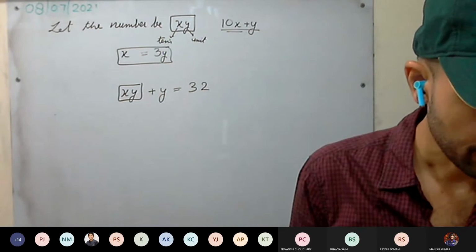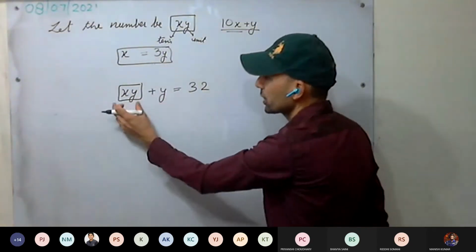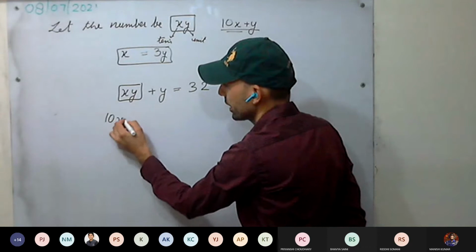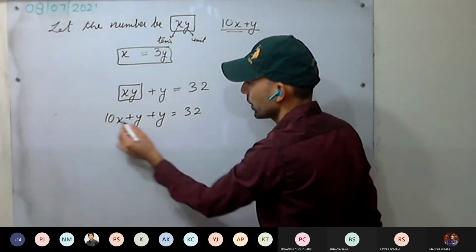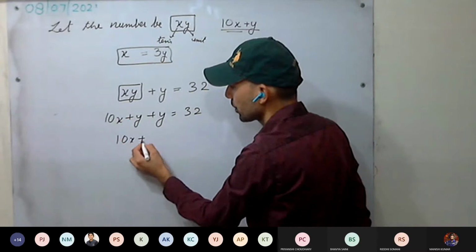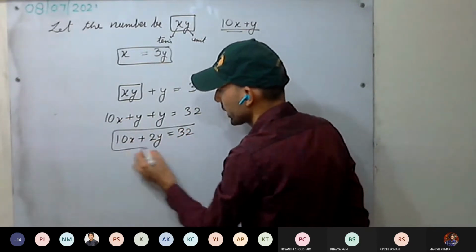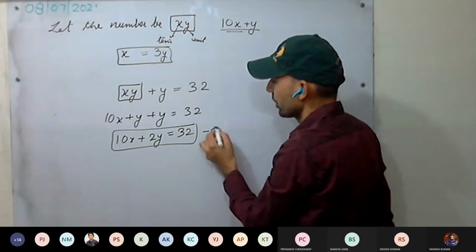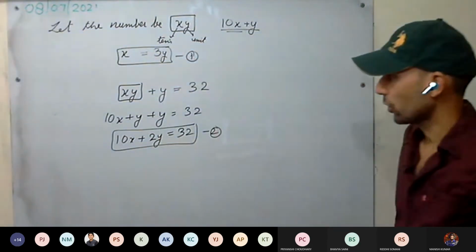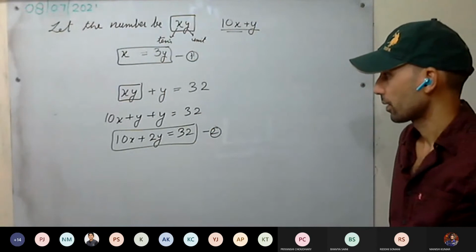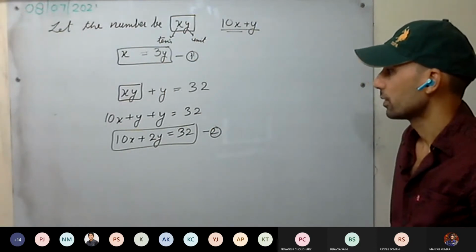Have you understood this one? So this number will expand: 10x plus y plus y equal to 32. It is 10x plus 2y equal to 32. You have got the second equation. Solve it, whether by substituting or equating the coefficients. You can solve it now.